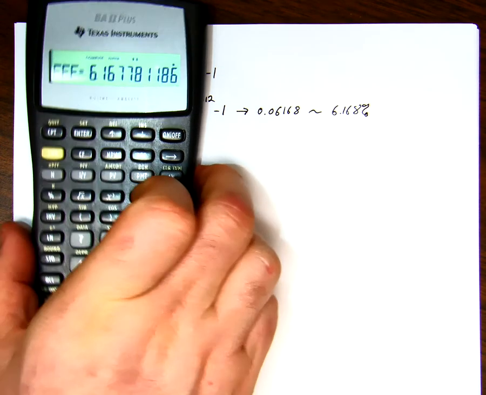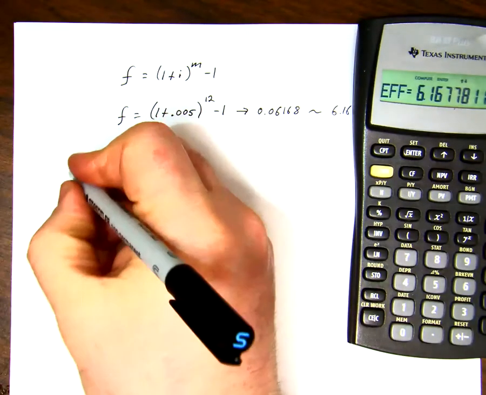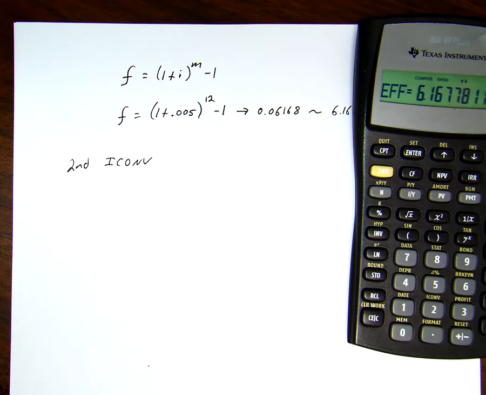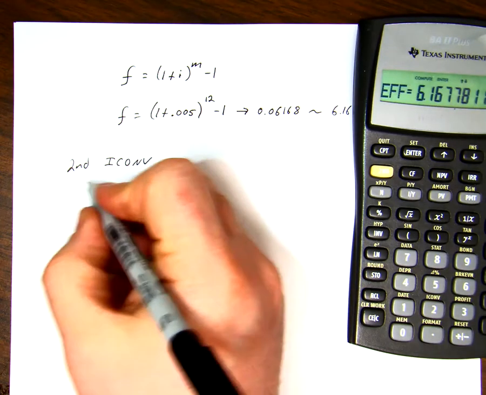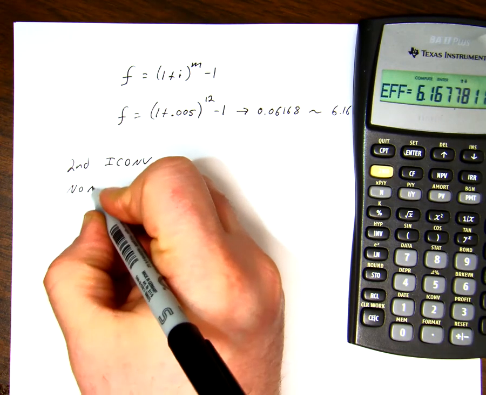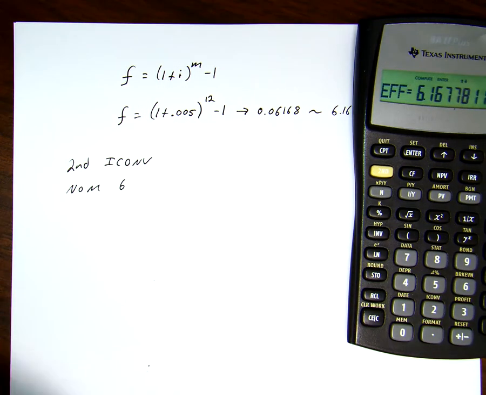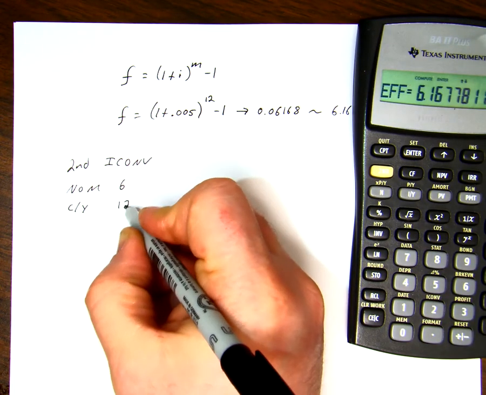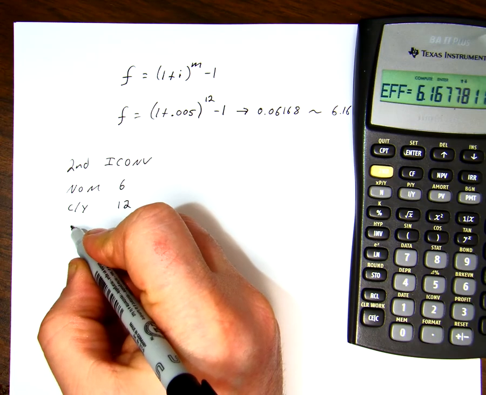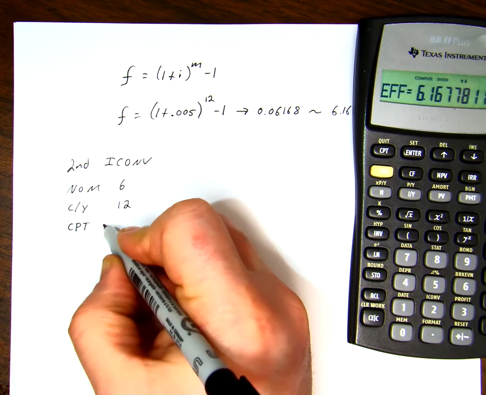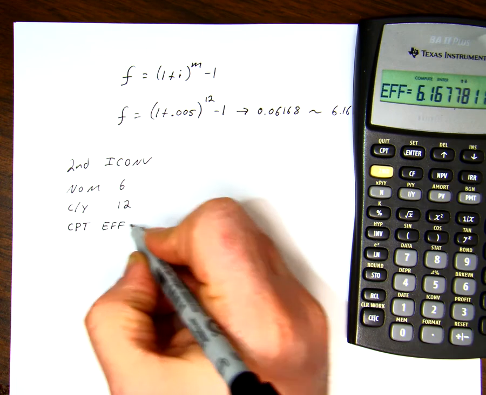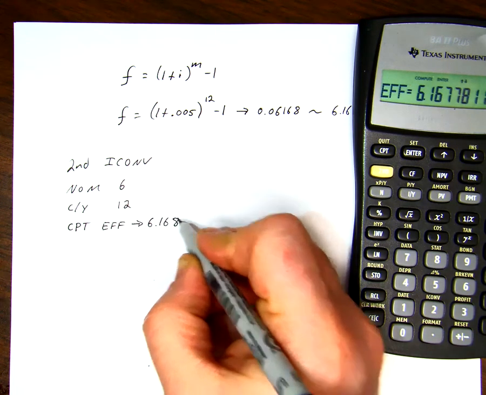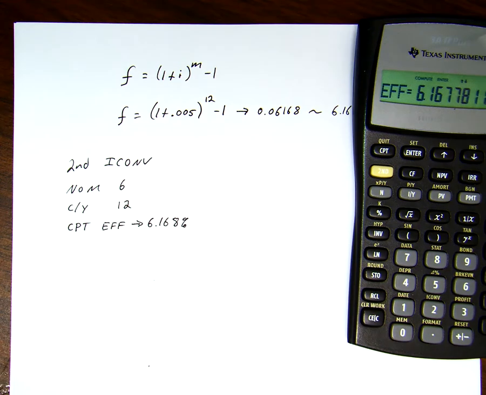So same as we had before: second iConvert, the nominal rate is 6%, the compoundings per year are 12, and we compute the effective rate, and it comes out to the same 6.168% that we've had all along.